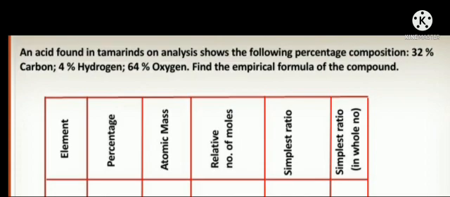Carbon with 32%, hydrogen with 4%, oxygen with 64%. Now you have to add all the three percentages: 32 plus 4 plus 64, which is equal to 100.